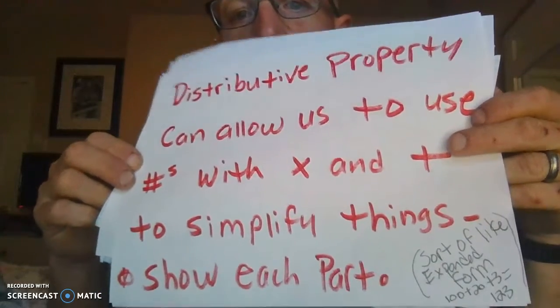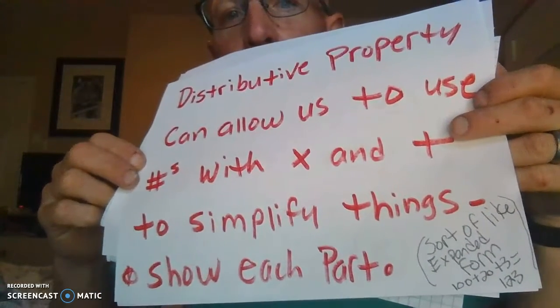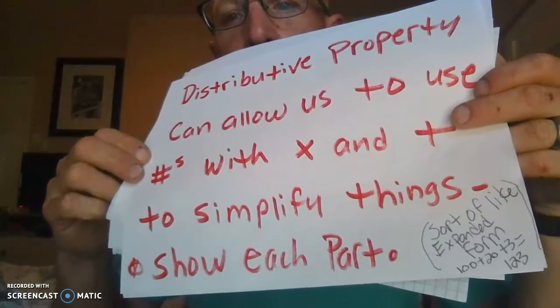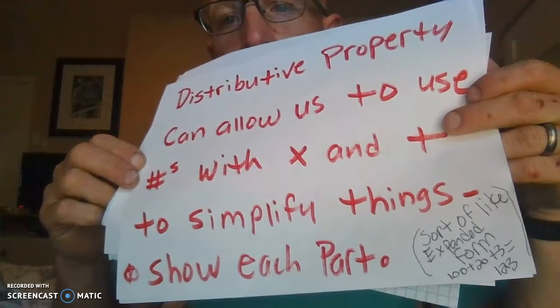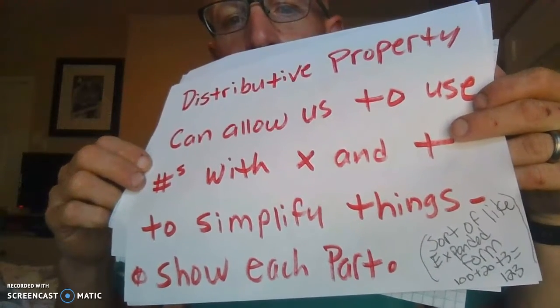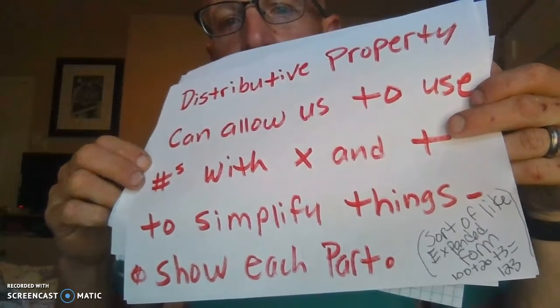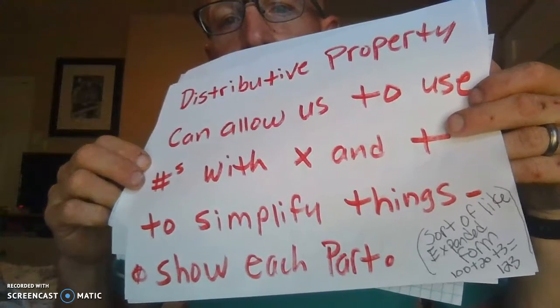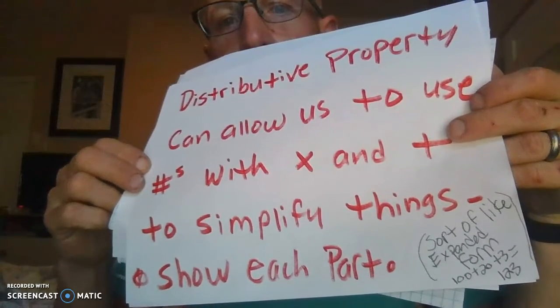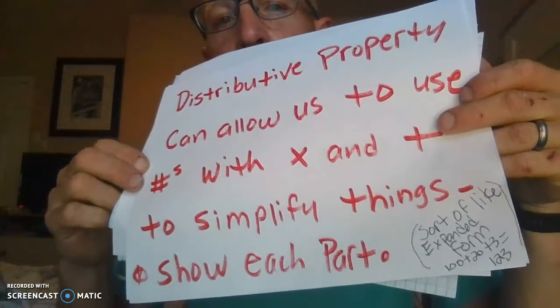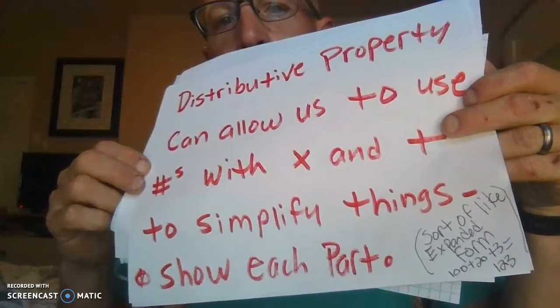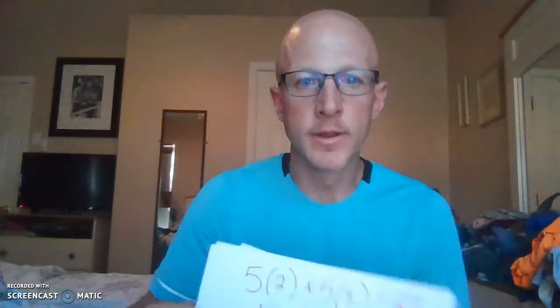And then the distributive property, we can use that to multiply and then add those values to find a product. So the distributive property shows us each part of values and can simplify because we can multiply and then add separately.